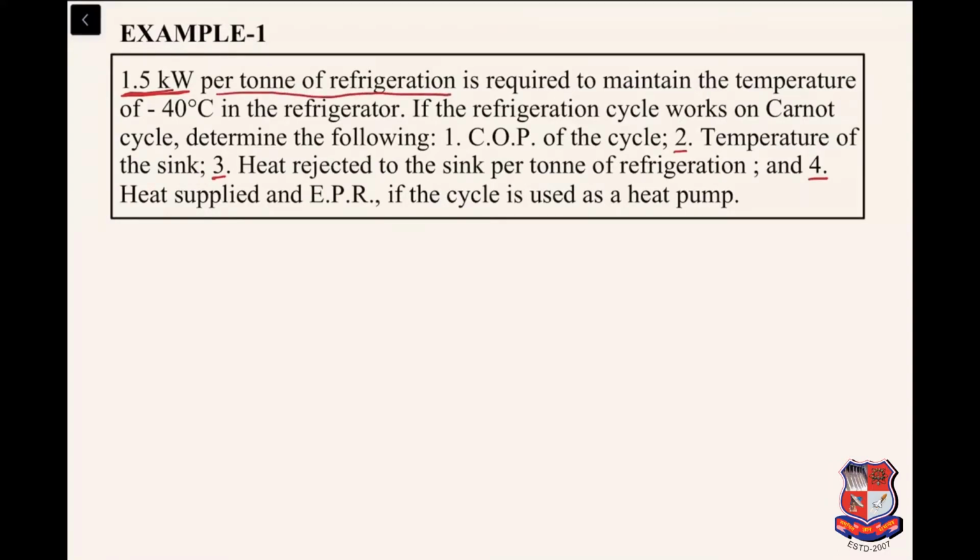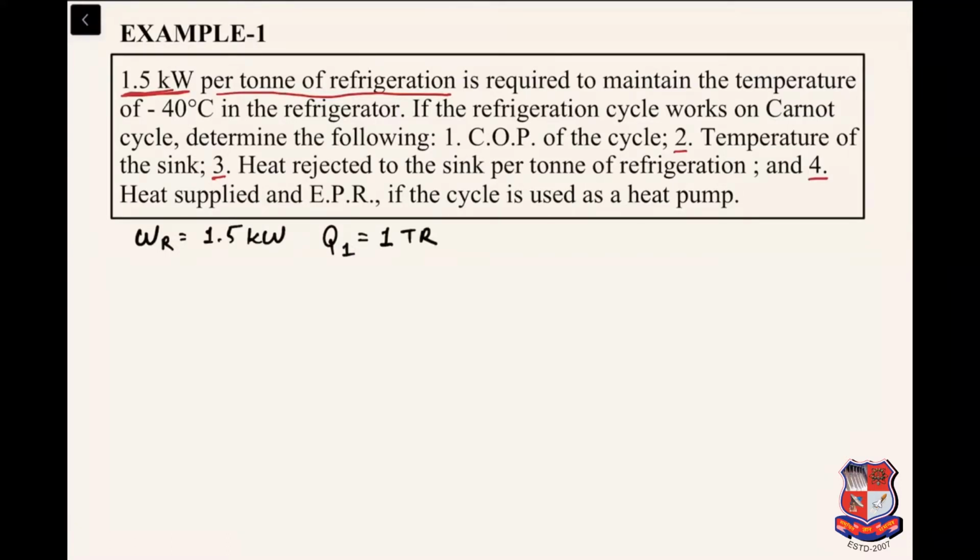So here 2 data are given, that is WR, that is 1.5 kilowatt, the work required, and second is Q1 or Q, that is the refrigerating effect or refrigerating capacity, that is 1 TR, 1 ton of refrigeration.